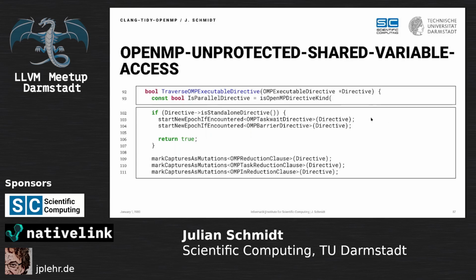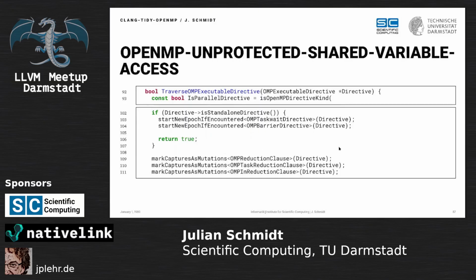And so this would only create a new epoch for one of these variables and not for all. And if that's the case, we can return true. If it's a standalone directive, because it doesn't have a statement associated with it, it's not, for example, an OpenMP for that has a for loop, it's just a barrier. It doesn't have a statement associated.